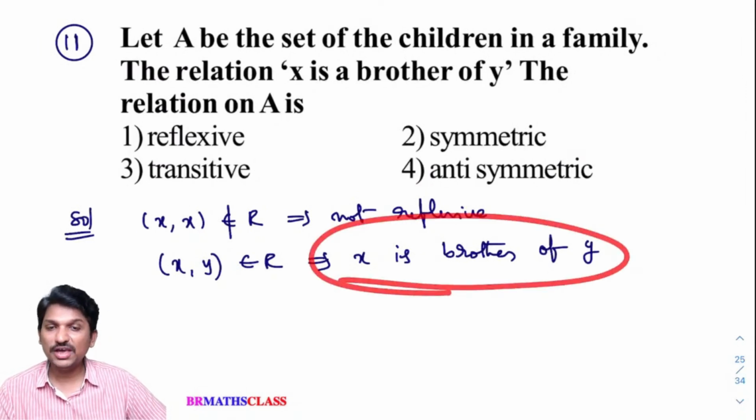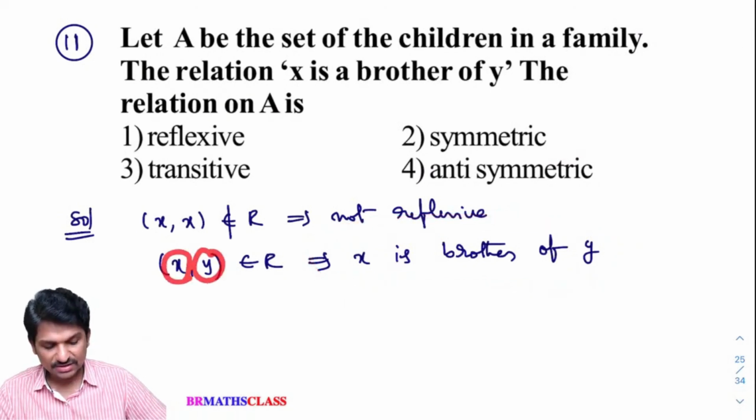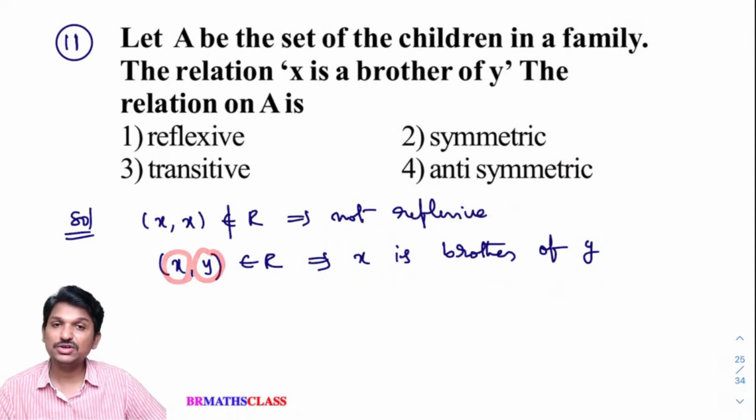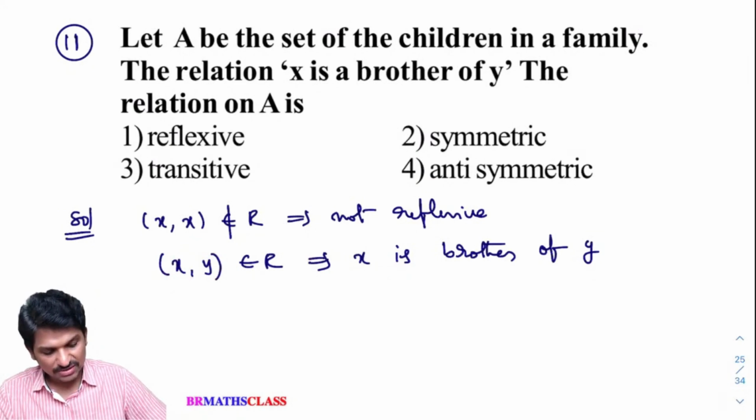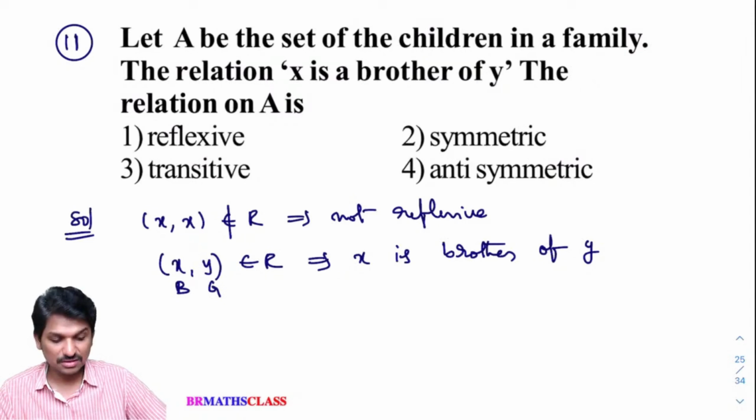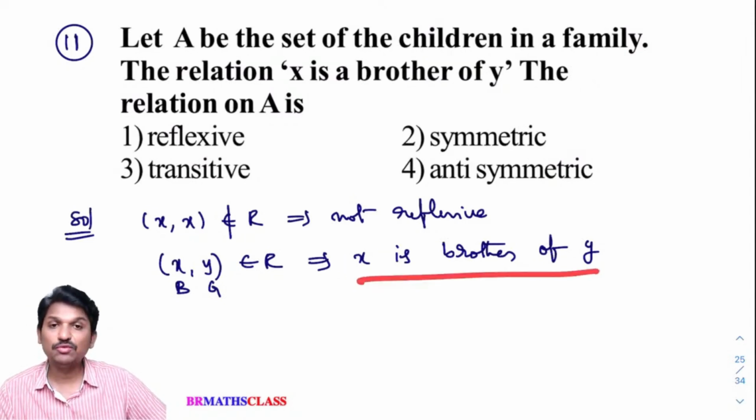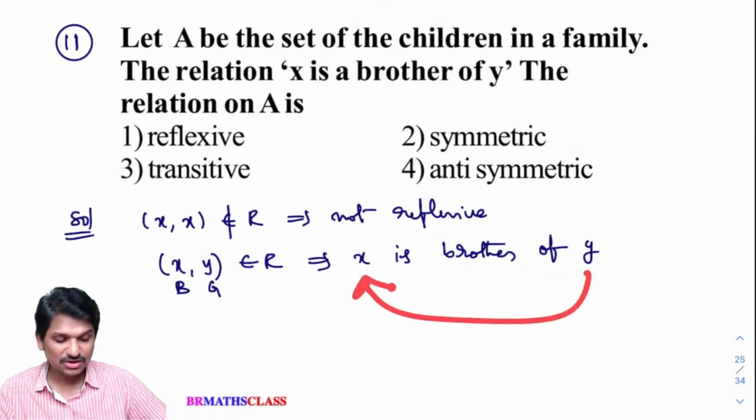This is okay when both are boys. When both are boys, x is a brother of y, y is a brother of x is okay. But suppose x is a boy, x is a brother of y, and y is a girl. Then what about y? y is a sister of x, not a brother of x.